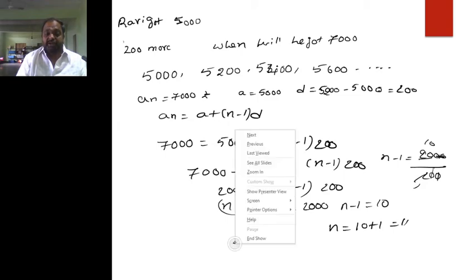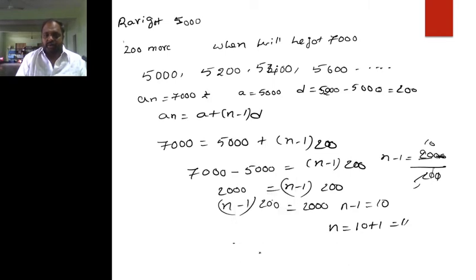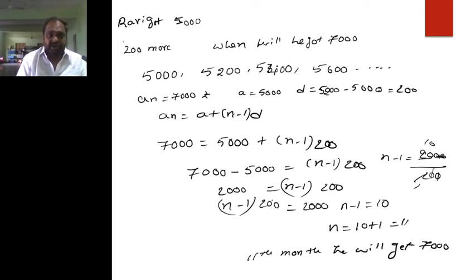After 11 months, that means in the 11th month, you will get 7,000 rupees salary. His first salary is 5,000 rupees. He is getting a 200 rupees increment every month. When will it become 7,000? That means in the 11th month, you will get 7,000 rupees.